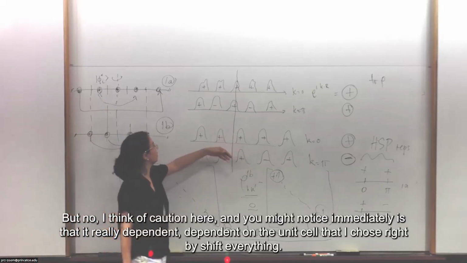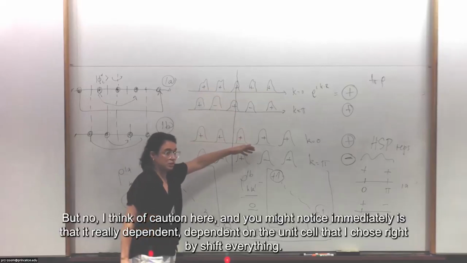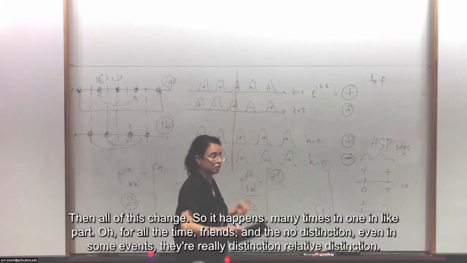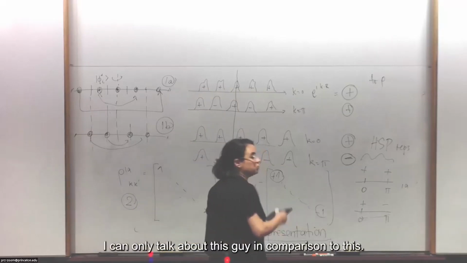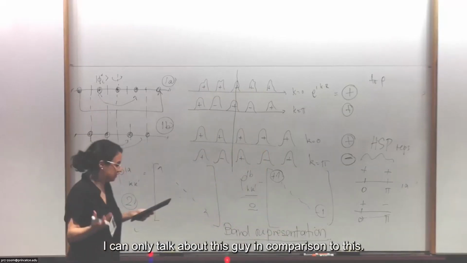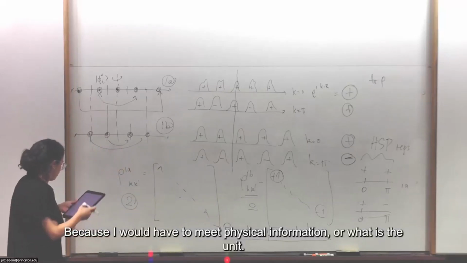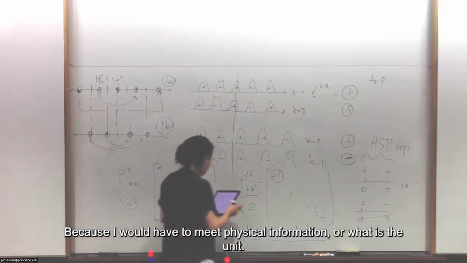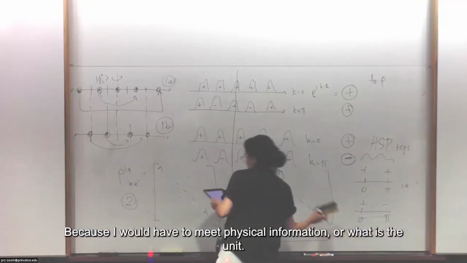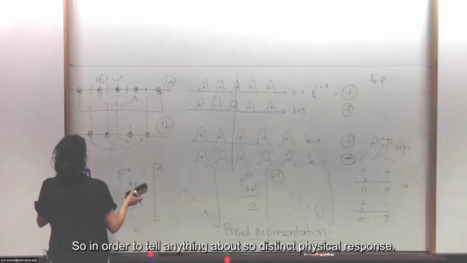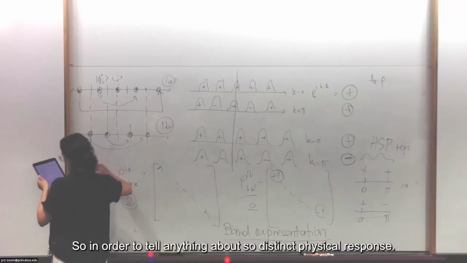I can only talk about this one in comparison to this one, and not on its own, because I would need physical information about what the unit cell is in order to tell anything about some distinct physical response. So this is enough for us to tell that these two spaces are not connected to each other.